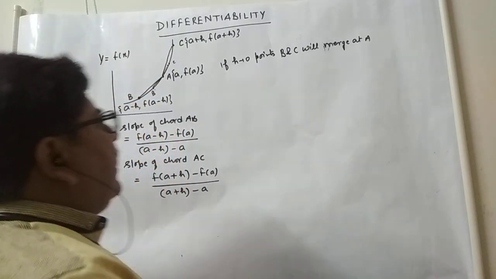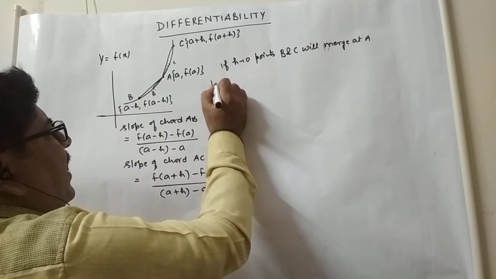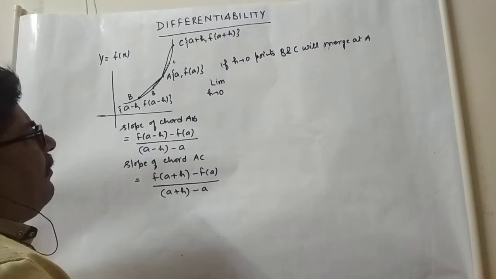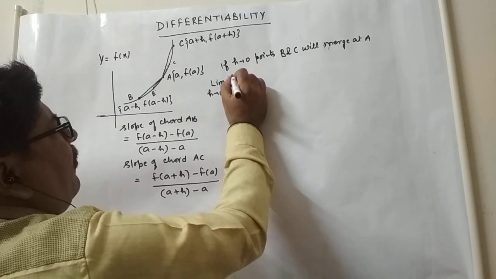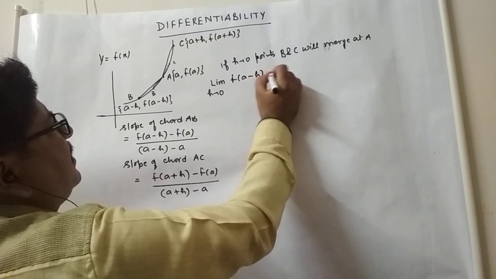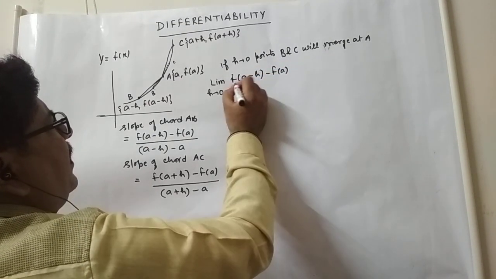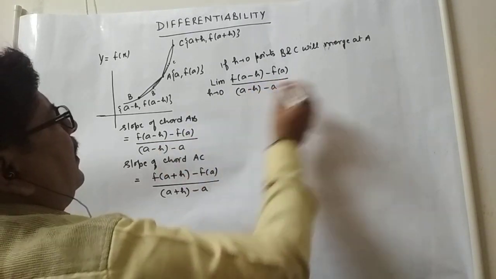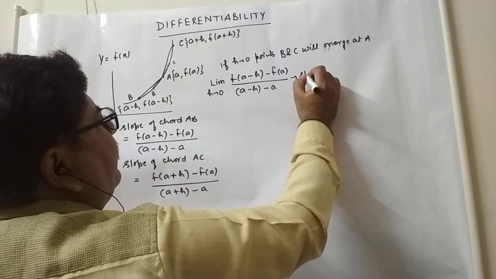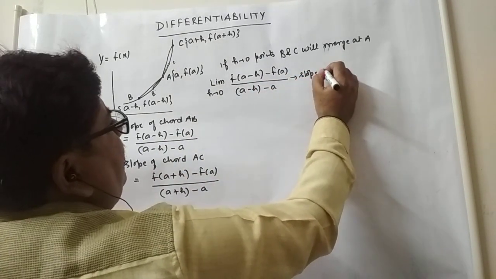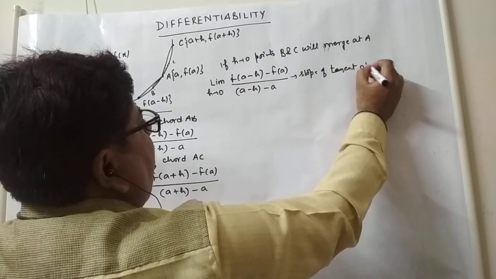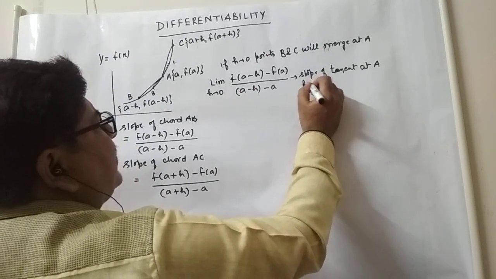So we say, if we apply limit h tending to 0 on slope of chord AB, f(a minus h) minus f(a) divided by (a minus h) minus a, then this is slope of tangent at a from left side.